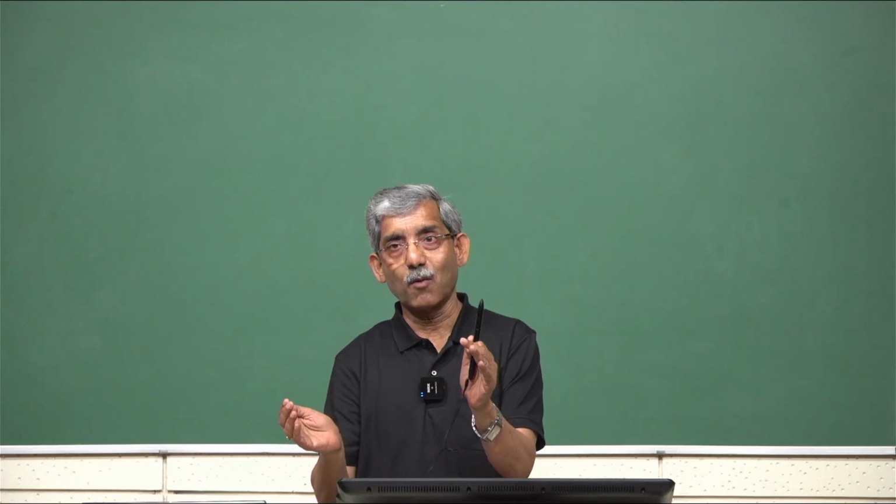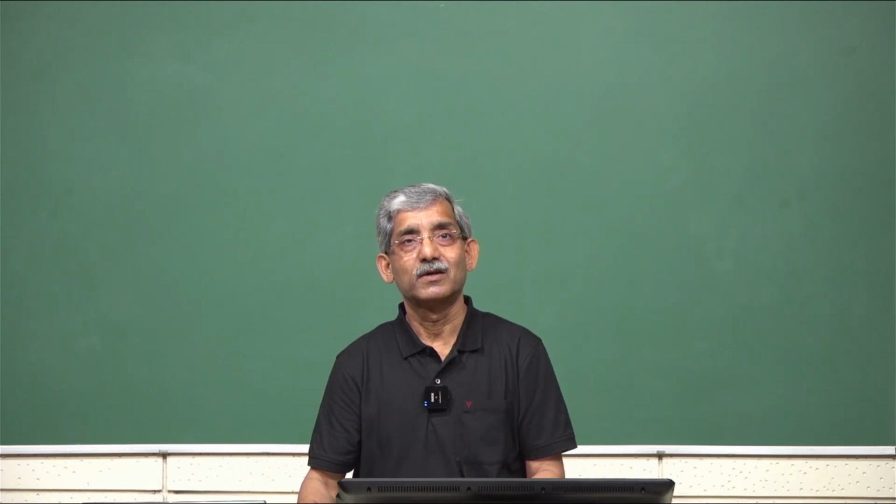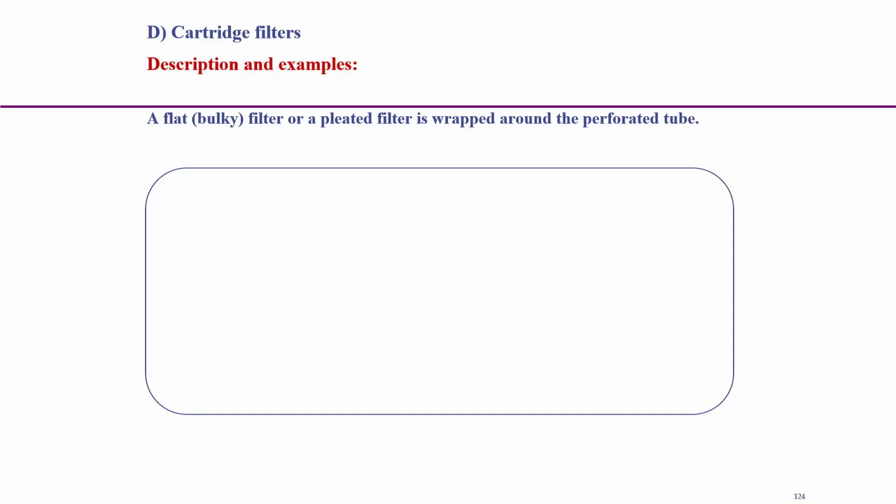Next is the cartridge filter. Cartridge filter is used where we need very compact filtration. So, flat filter or pleated filters are wrapped around a perforated tube.